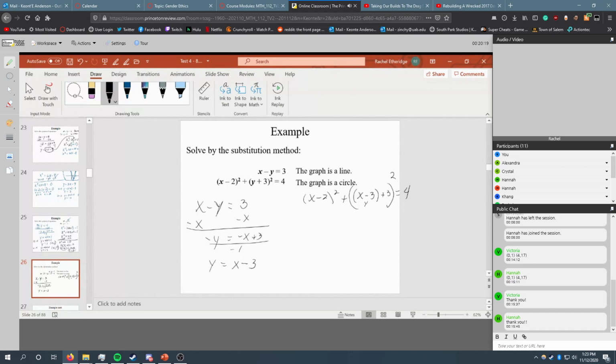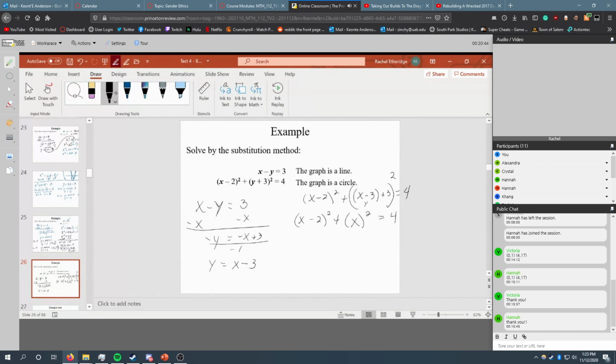I'm going to substitute x minus 3. So that's going to give me x minus 3 plus 3. So that's just going to give me an x squared left there. So x minus 3 plus 3, when I remove those parentheses and combine like terms, I'm just going to have an x squared left there.